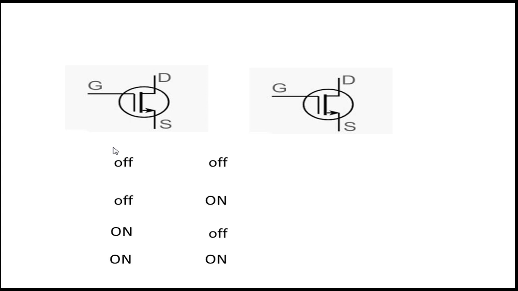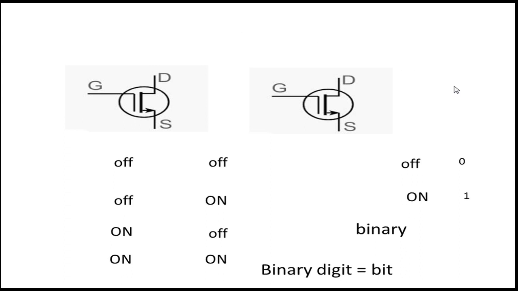But working with on and off is a little hard. So instead, by convention, we say that off is equivalent to 0 and on is equivalent to 1. Because we only have two numbers, we call it binary, and every 1 or 0 would be a binary digit, or we could just get the B in the first term and IT in the second term and call it a bit.